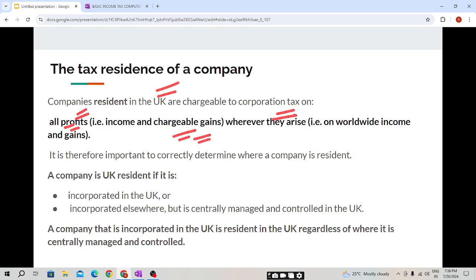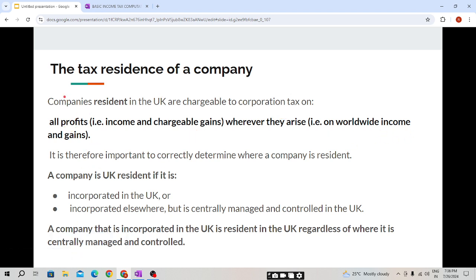Chargeable gains include capital assets. So in the case of companies, the chargeable gain is under corporation tax only. We do not have any separate CGT implications for companies. It will be covered under corporation tax wherever they arise, on worldwide income and gains.